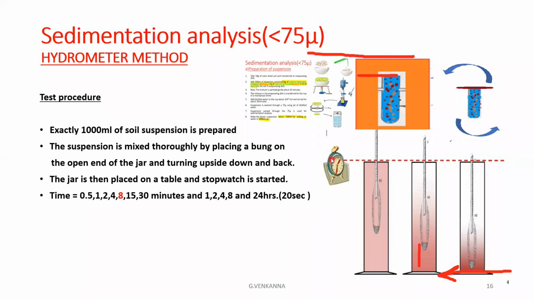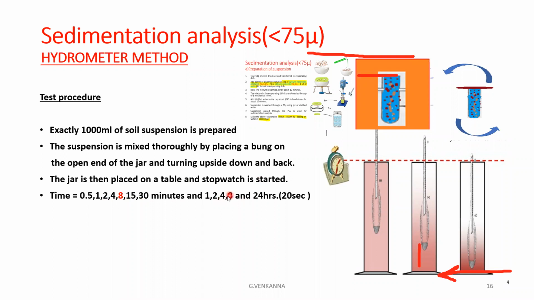Now start the stopwatch. At the time of 0.5 seconds, the hydrometer is immersed in this jar. Take the hydrometer reading. Then next at 1 minute, 2 minutes, 4 minutes, 8 minutes, 15 minutes, and like this for each time interval, then 1 hour, 2 hours, 4, 8, 24 hours.